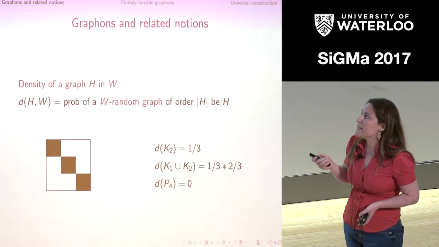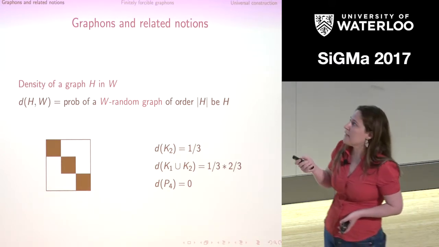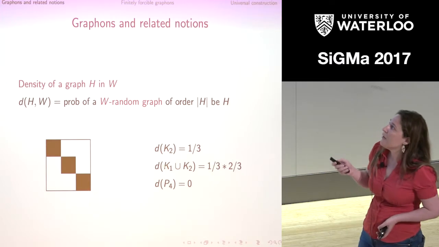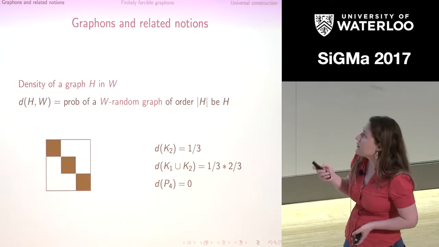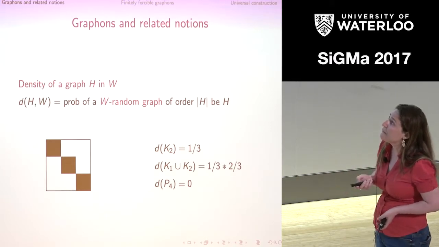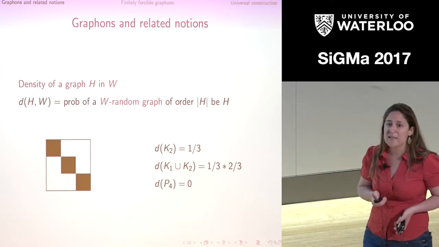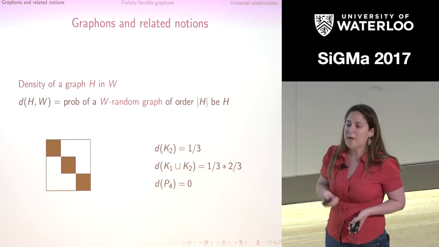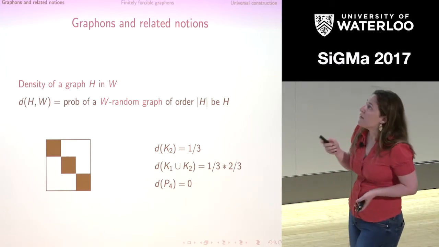And because this is just a disjoint union of 3 cliques, it's easy to see that the density of P4 is 0, like there is no P4 here, there's no way of sampling this. Okay, so now we are talking about densities of a graph in a graph and densities of a graph in a graphon.